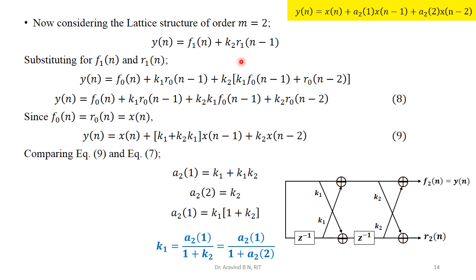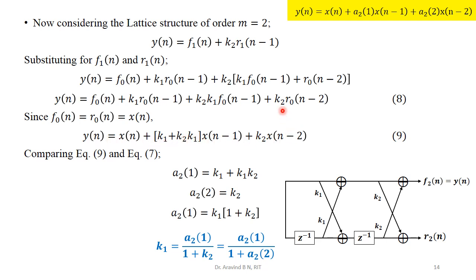Now make the simplification for this expression. After simplification, we are going to get this realization. Now we are going to have r0 is equal to f0 is equal to x of n. Now replace all f0 and r0 by x. By x, we are going to have this expression finally.